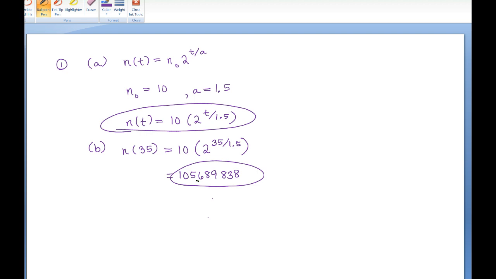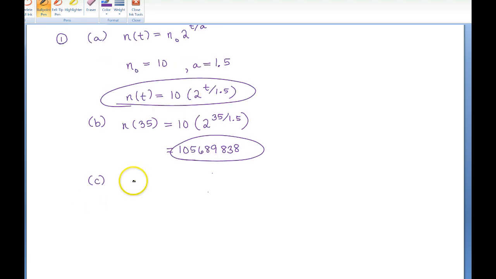And then for part C, when will the bacteria reach 10,000? So basically we're asking ourselves, n of t equals 10,000, and we're saying what is t going to equal? So we go back to the original equation and we set 10,000 equal to n of t.